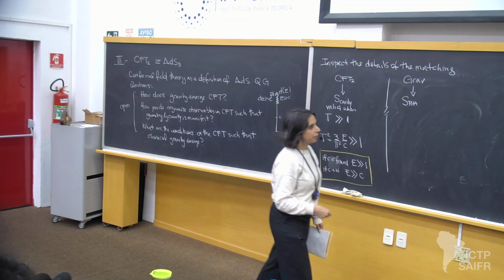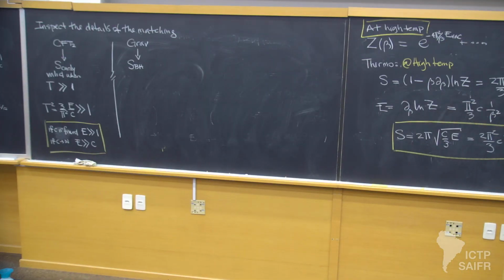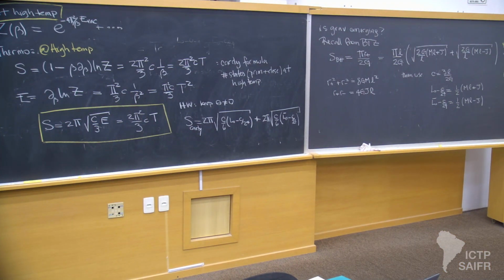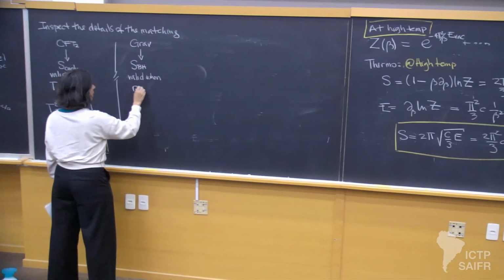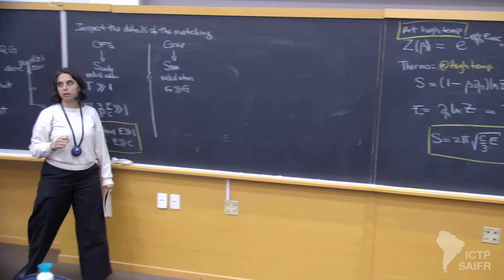The entropy of the black hole, as we have written there, is R plus over G Newton, right? And we did this computation in a semi-classical theory, in a semi-classical approximation. So you can trust the Bekenstein-Hawking entropy when the size of the black hole is much bigger than the Planck length of the system.